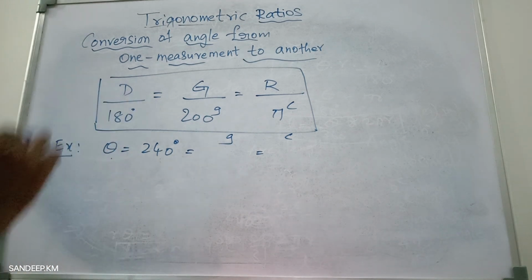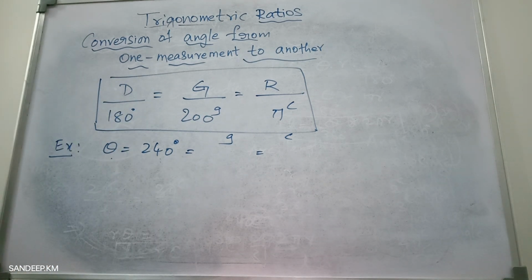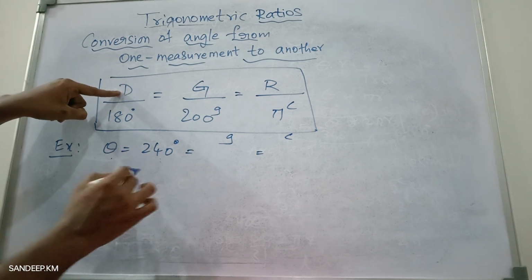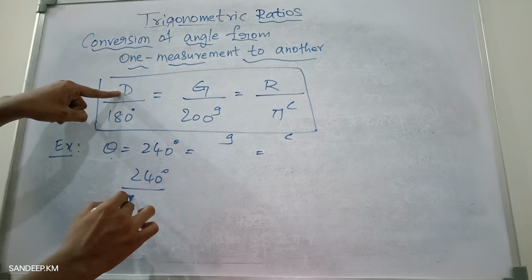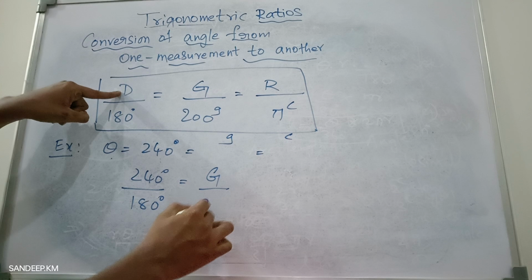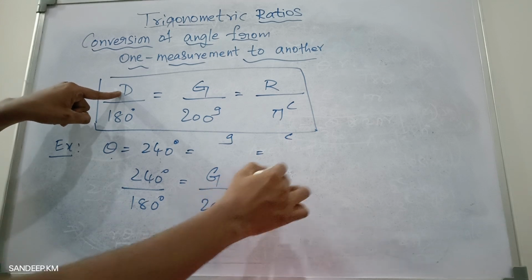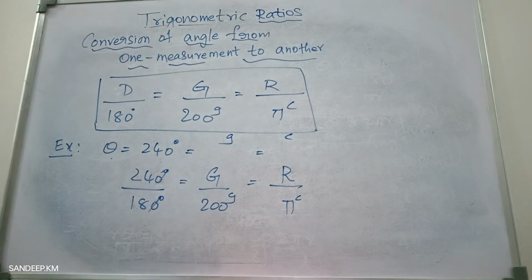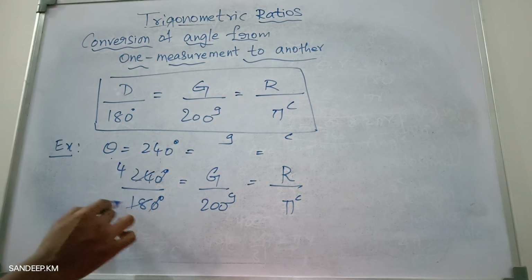So for that, let us use this formula. Now first of all, according to this formula, d means angle in degrees. How much is it? 240, right? 240 degrees divided by 180 degrees is equal to the angle in grades divided by 200 grades, and the angle in radians divided by pi radians. So 0 and 0 will get cancelled, 6 4s are 24 and 6 3s are 18.